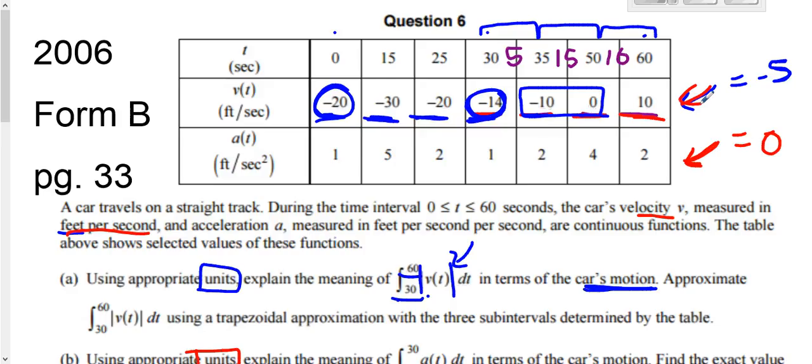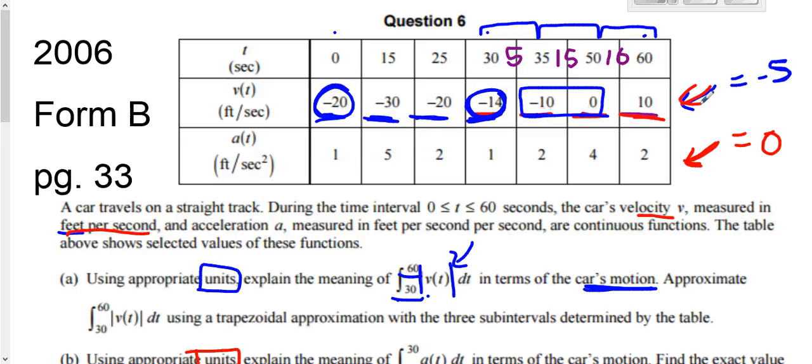So if we think about this, the acceleration is going to be equal to 0 anytime that we have an extrema, okay? Or if we have a time where we have a velocity, the derivative of our acceleration is our velocity.